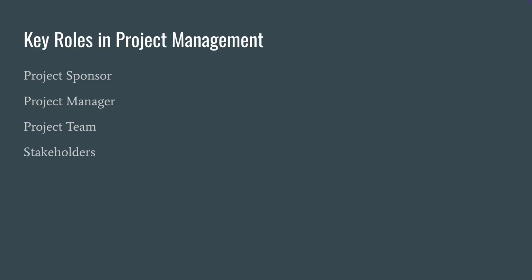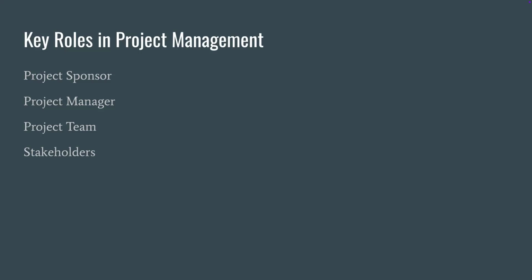And lastly, stakeholders. And this term stakeholder broadly encompasses anyone who has an interest or stake in the project's outcome. This means stakeholders might include end users, suppliers, customers, regulators, and community members.